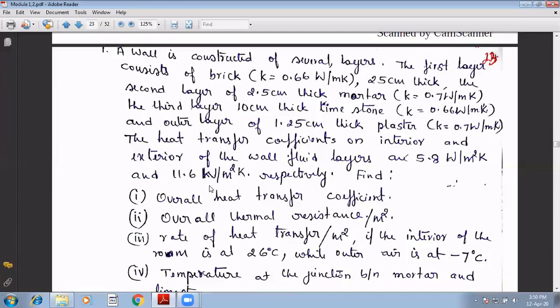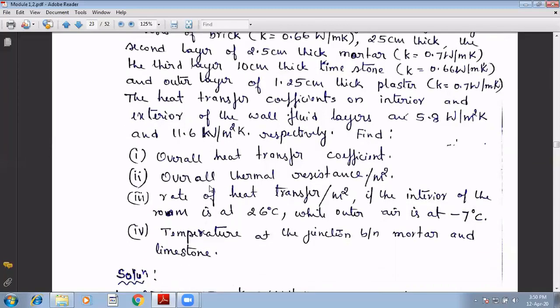So what you need to find? Overall heat transfer coefficient, that is U, which we have discussed, is nothing but 1 over the summation of R, where R is all the resistances, multiplied with area.